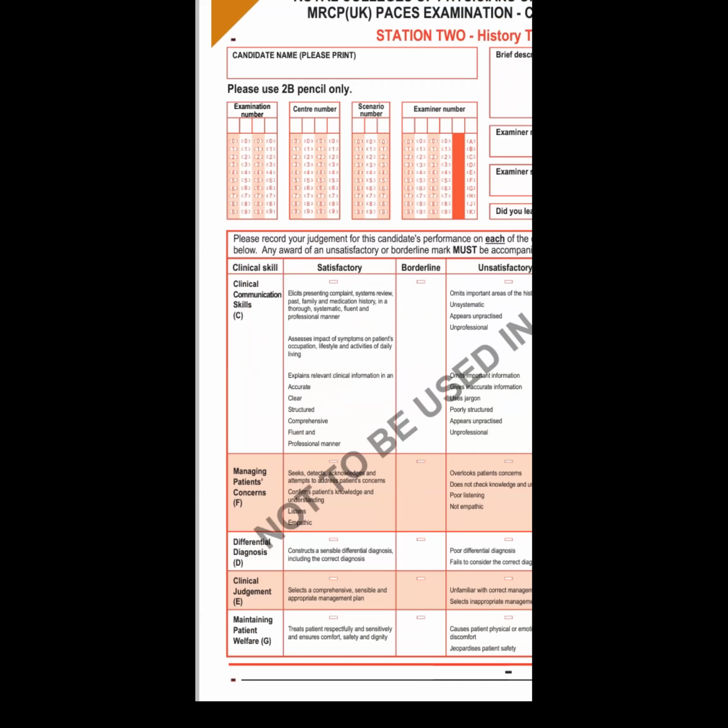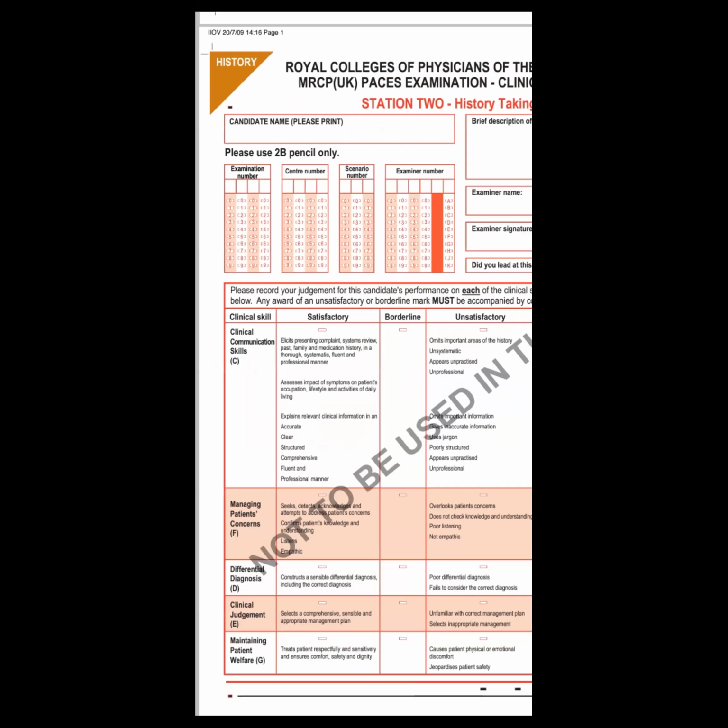But there is identifying physical signs from the history. Because there is data from the history, you have to provide at least a differential diagnosis. So skill D, differential diagnosis, is being evaluated.